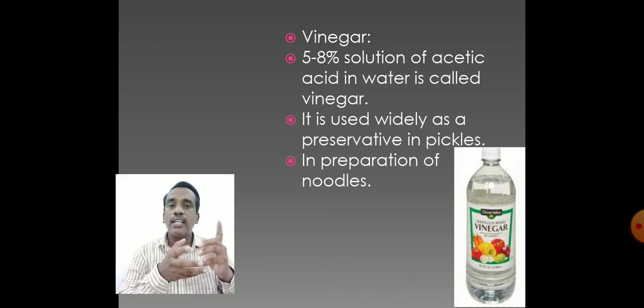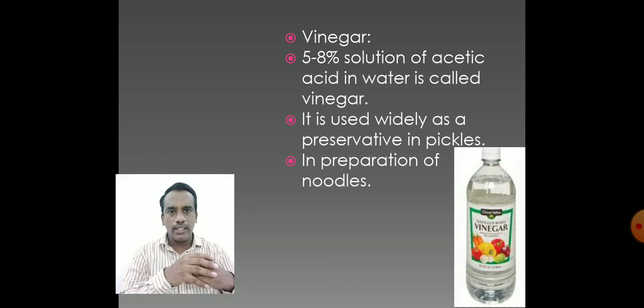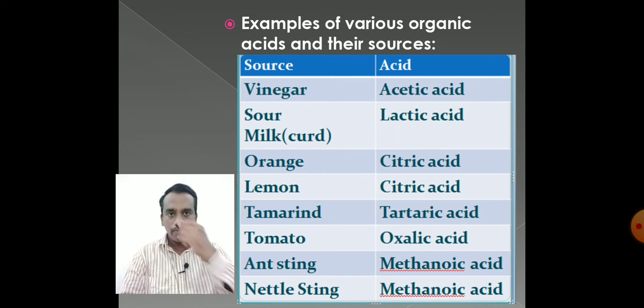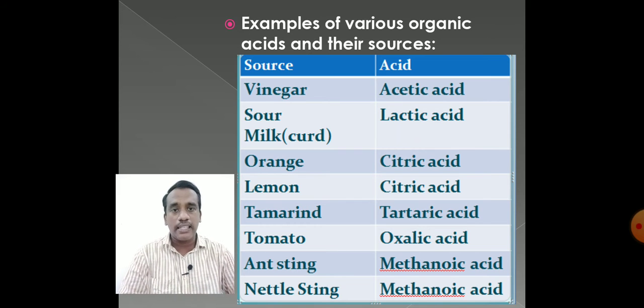Where do we use this vinegar? We use it in the preservation of pickles and also in the preparation of noodles. This is the first organic acid in our tabulated data. The second: when curd is left for one more day, it becomes too sour, because the acid generated is lactic acid.